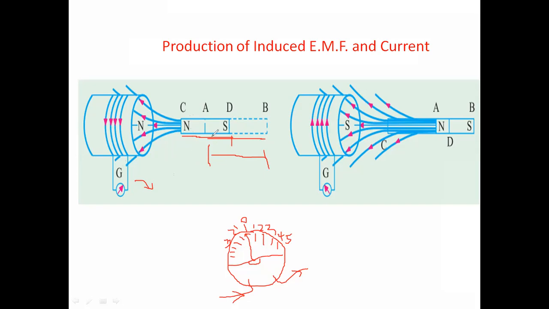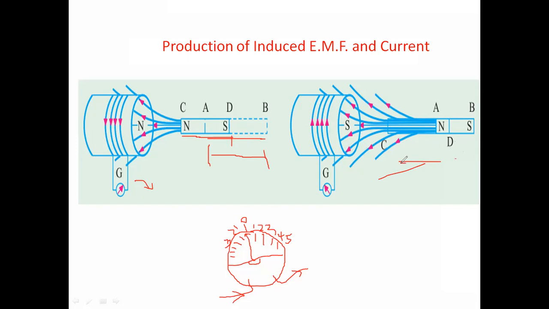Now again consider the magnet in this figure. Now the magnet is moving away from this coil, suddenly changing from C to A. In such a situation again there is deflection of the meter.